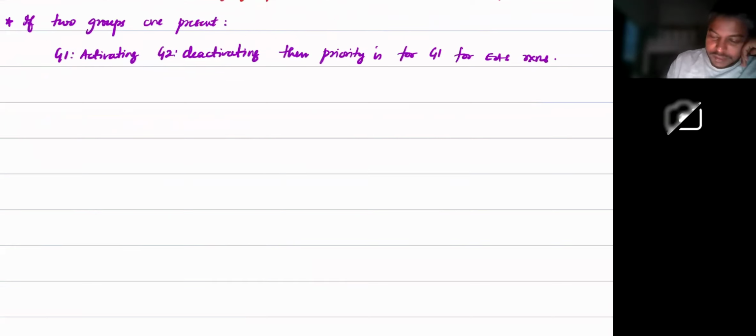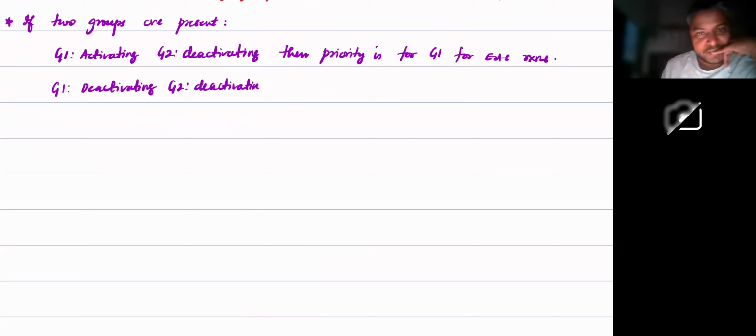Clear? Okay. Next, if group 1 is deactivating, and group 2 is also deactivating, if both of them are deactivating, understood?